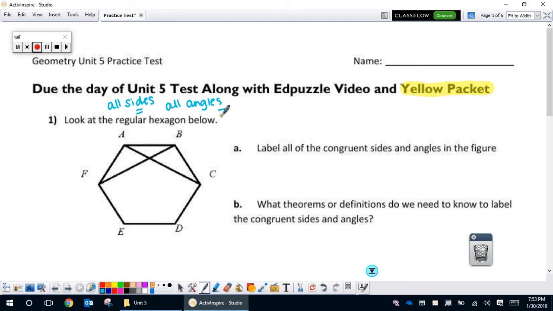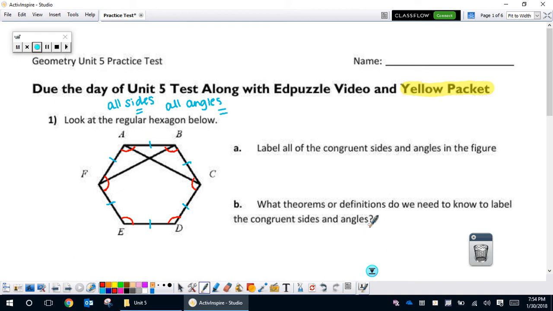If we're going to label all of the congruent sides and all the angles, we are just going to put tick marks on all the sides, and we are going to put little parentheses on all the angles. Because it's regular, we can do that.